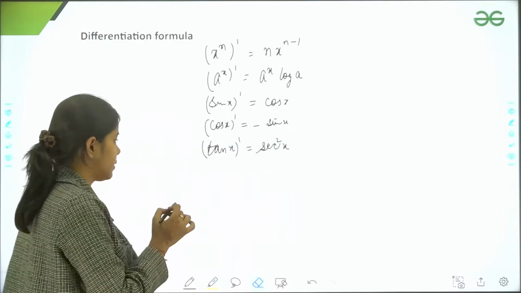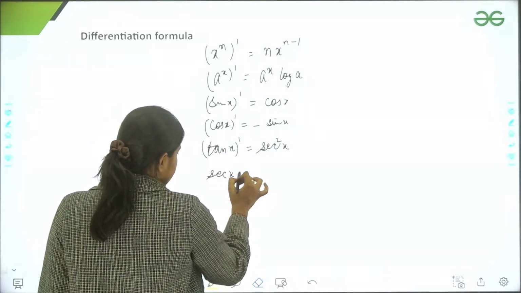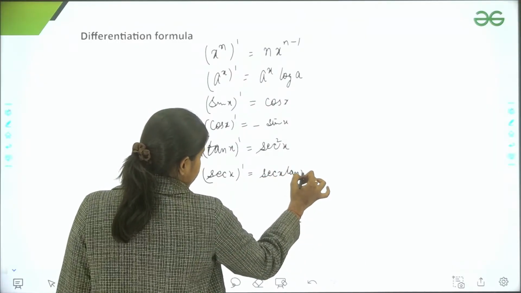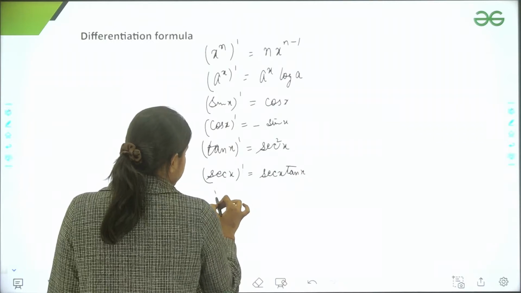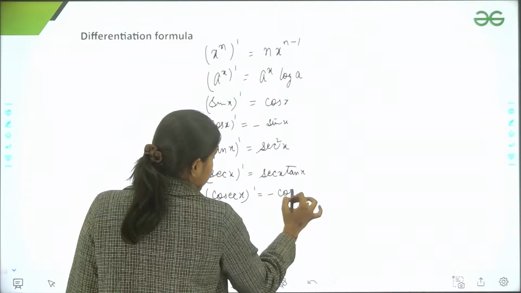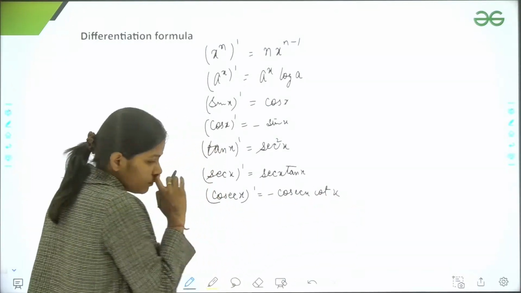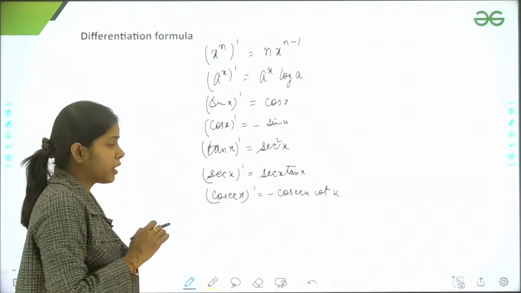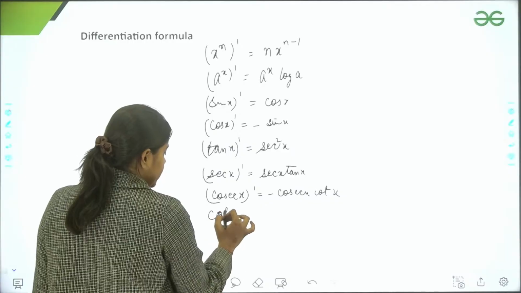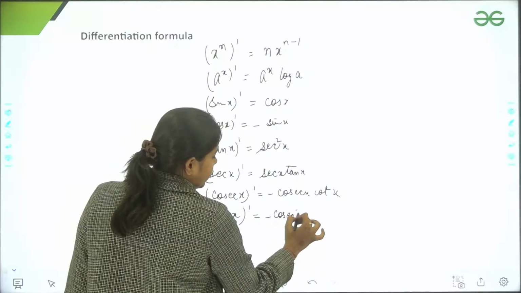Differentiation of sec x is, let me write down, sec x tan x, and differentiation of cosec x is minus cosec x cot x. These are some trigonometric functions we have, and differentiation of cot x is minus cosec square x. These are some differentiation formulas.